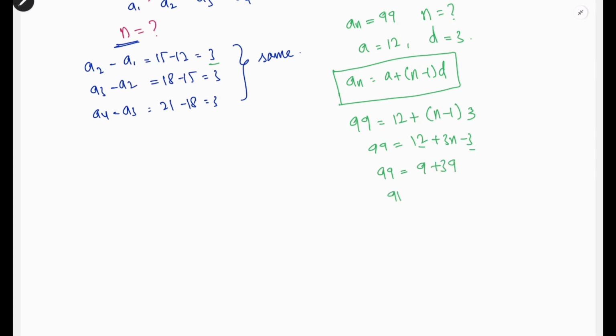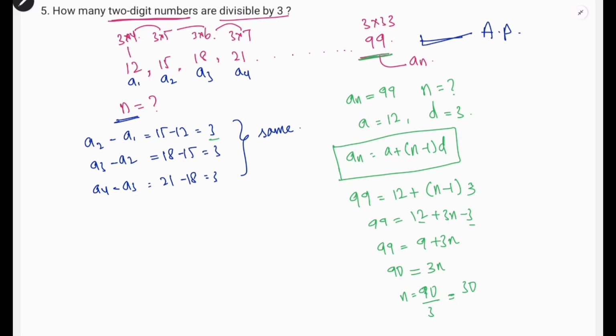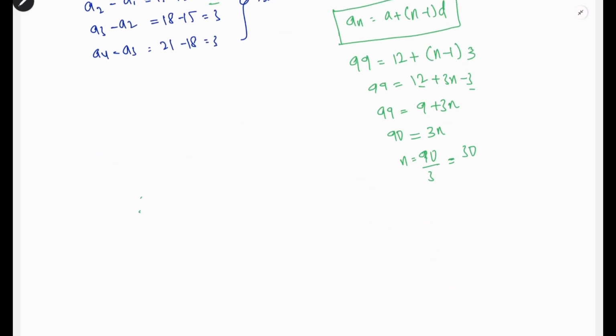Bring 9 to the left side, 99 minus 9 is 90. 90 is equal to 3n, so n is equal to 90 by 3, which is 30. So the 30th term is 99. So there are 30 2-digit numbers that are divisible by 3.